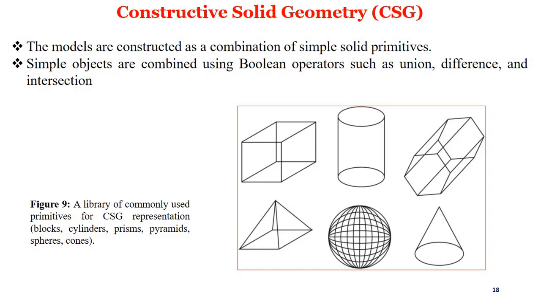Simple objects are combined by using Boolean operations such as union, difference, and intersection. So the process uses Boolean operations.